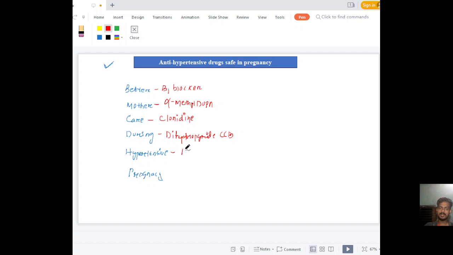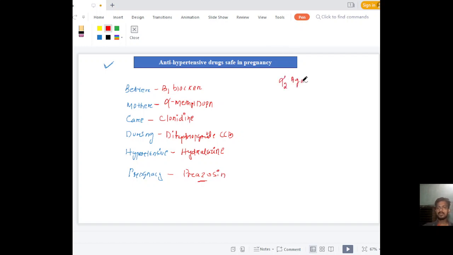Again hydralazine and selective alpha 1 blocker, that is prazosin. So these classes of drugs are basically given during pregnancy.